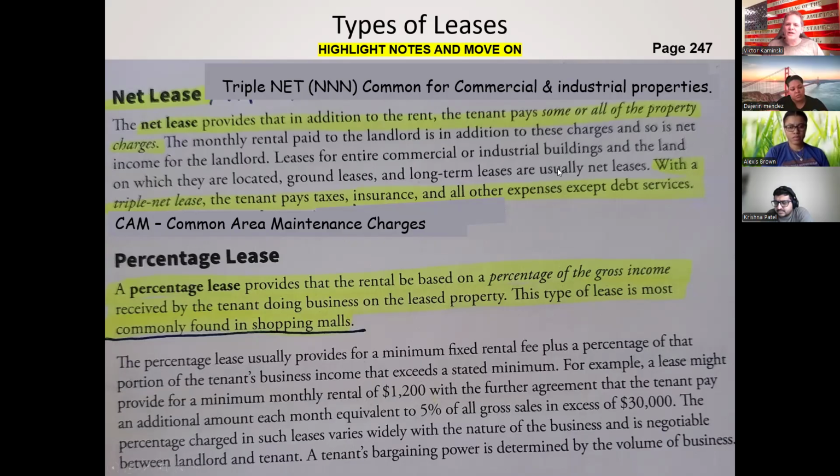Okay, so you guys ever go to the mall and you see a store that seems like it's doing killer business? It's real busy. And then next time you go there, it's gone. It's shut down. You guys ever see that? You ever wonder why the store is gone? They were so busy.